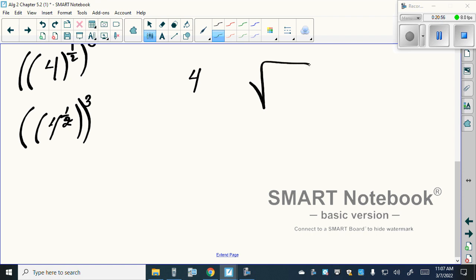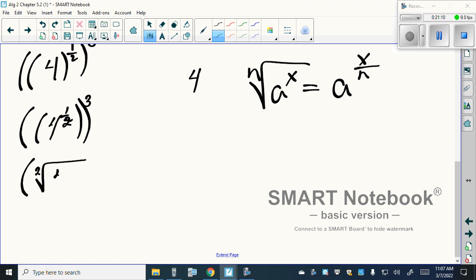And again, our property with roots: a to the nth root of a to the x is equal to a to the x over n. So what this is telling us is that we actually have the square root of 4 to the first. This is one of the ones we can't leave as 4 to the 1/2 because it can simplify.